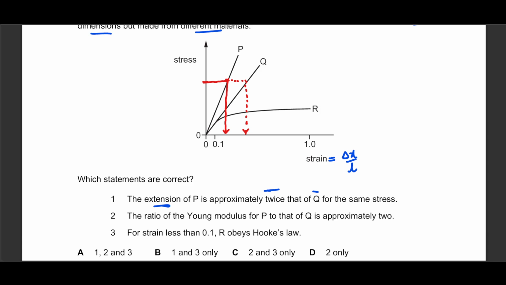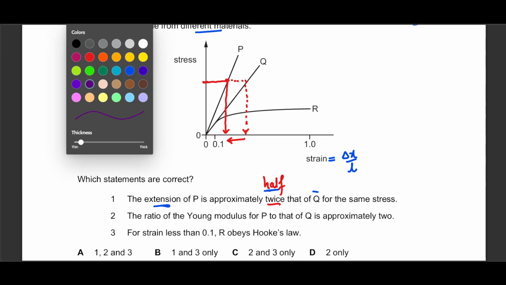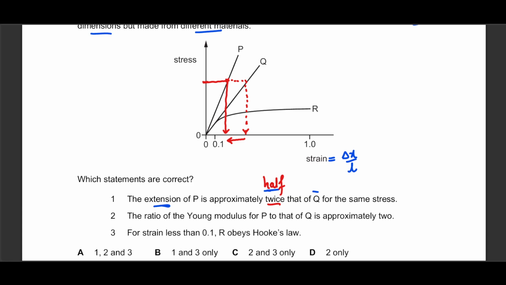So it says the extension of P is approximately twice. No. P is extending less than Q. It should have been half that of Q. It's not experiencing that much strain. Its length is not changing as much as Q. Q is extending more. That is what strain is.